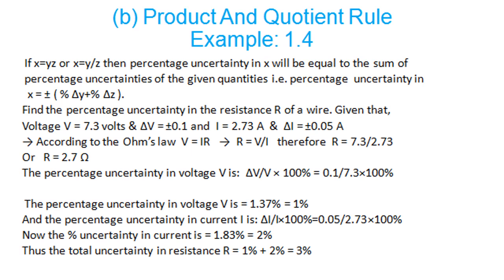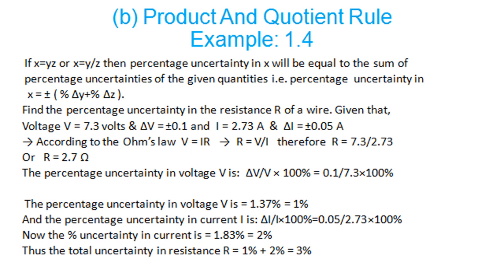The percentage uncertainty in voltage V will be equal to delta V over V into 100%, which is equal to 0.1 over 7.3 into 100%. The percentage uncertainty in voltage V is equal to 1.37%, or equal to 1%.